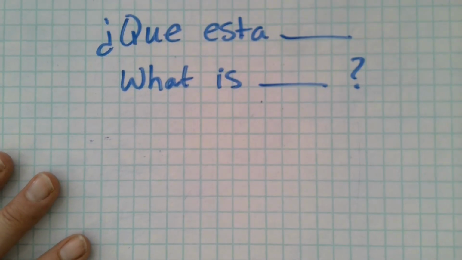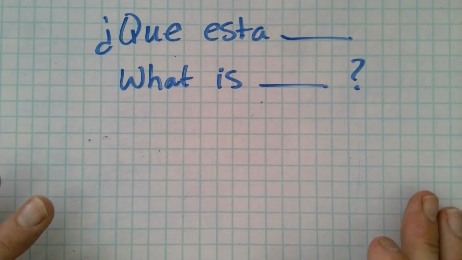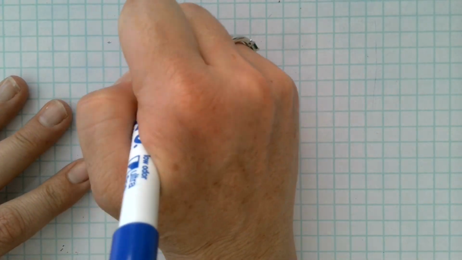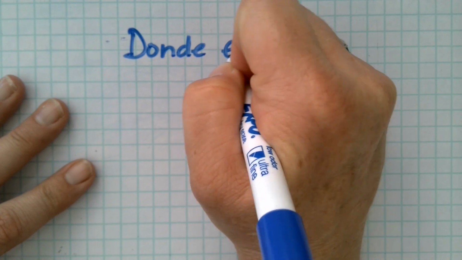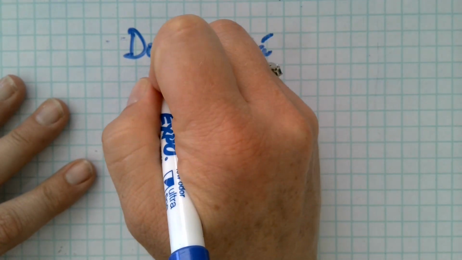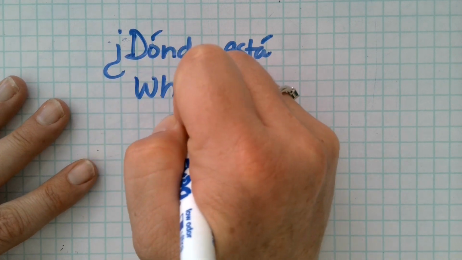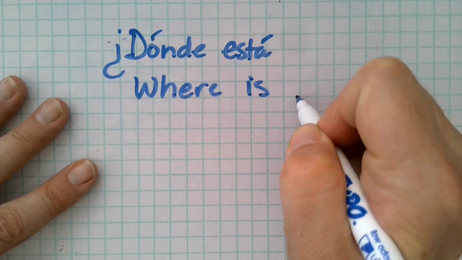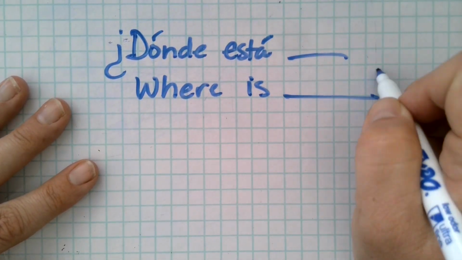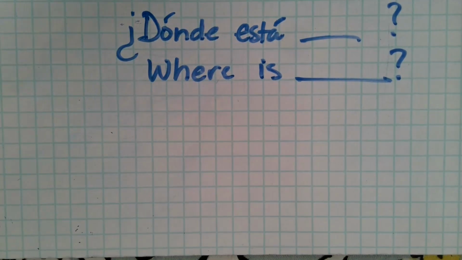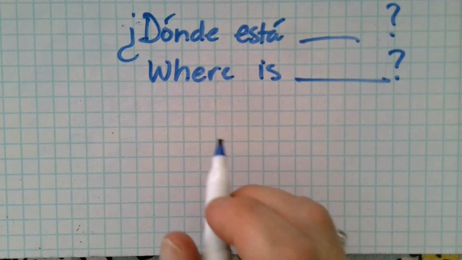And you're going to see a picture, and they're going to answer. The next part, they are going to ask you, ¿dónde está? So you are going to have to listen carefully to figure out where is something.